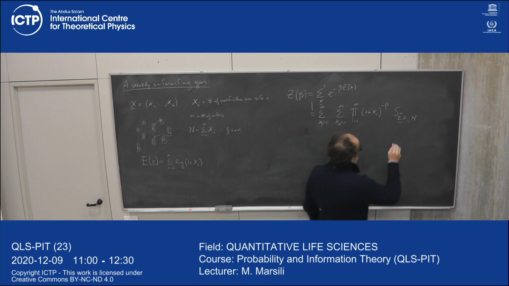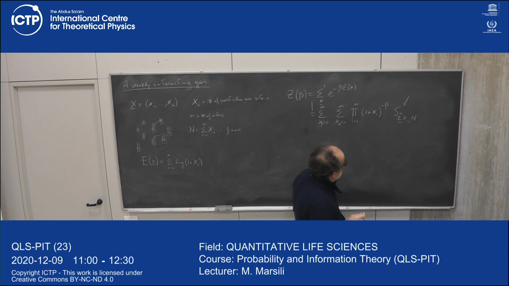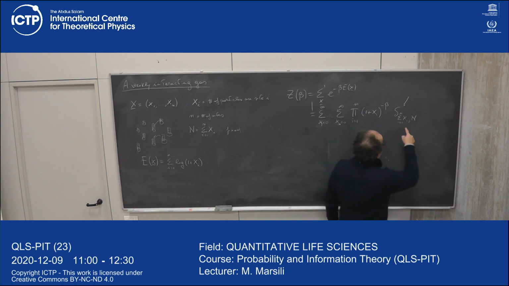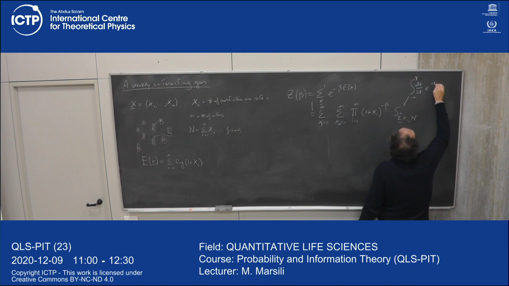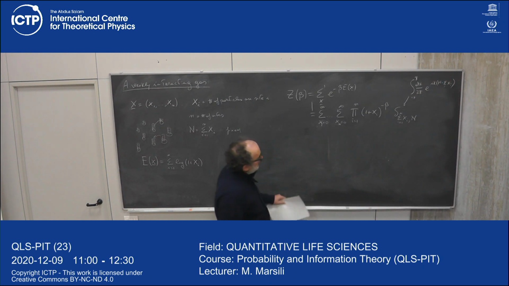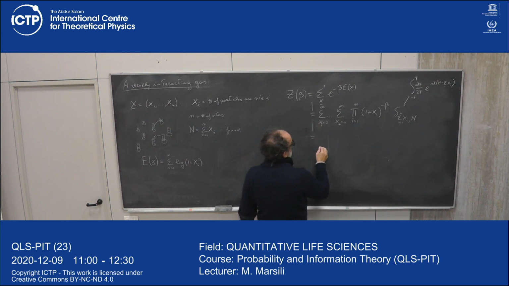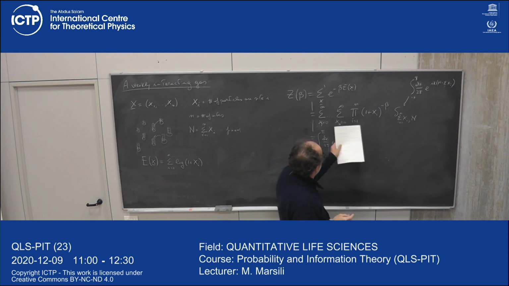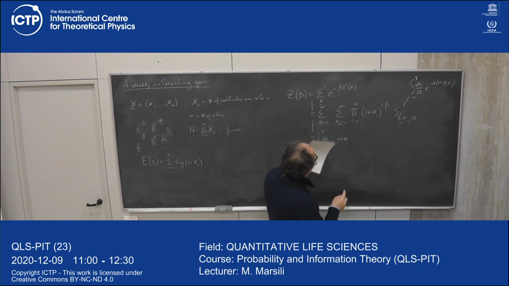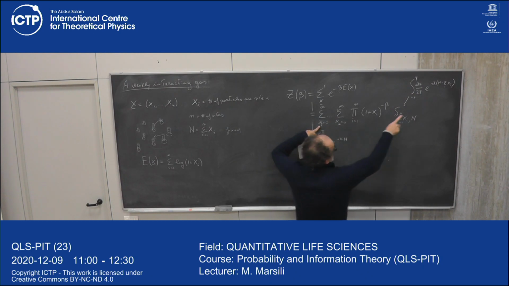Okay, now I can introduce an integral representation of this delta function, which is just the integral dk over 2 pi from minus pi to pi of e to the i k times (N minus the sum over i of the x_i). And if I do that, I can rewrite this as the integral from minus pi to pi dk over 2 pi e to the i k N, and then all these sums can be factorized.